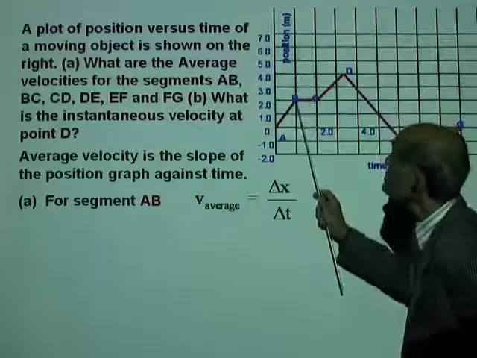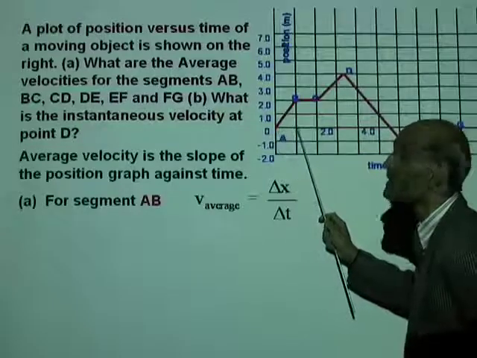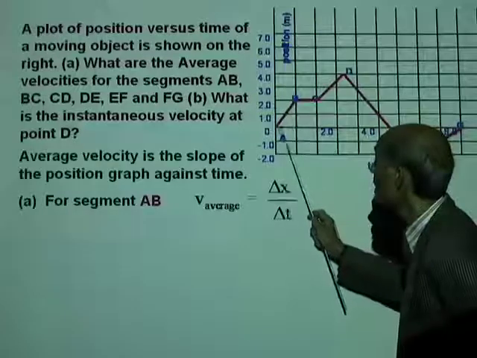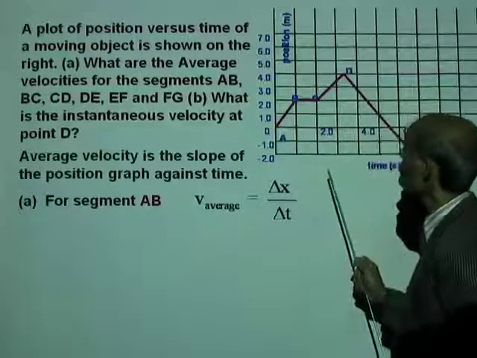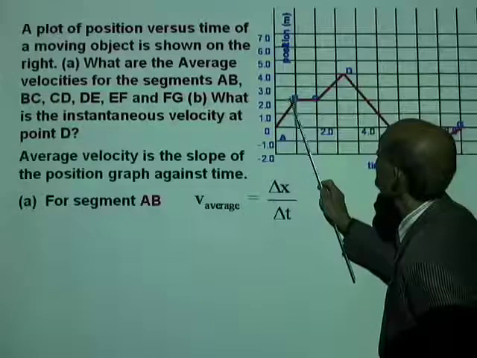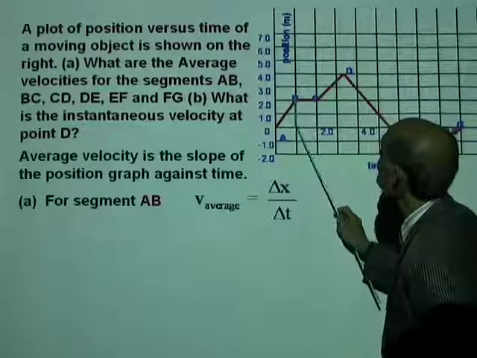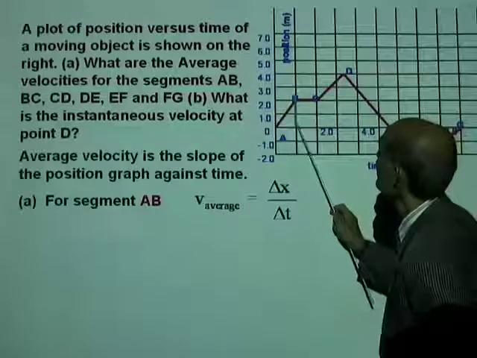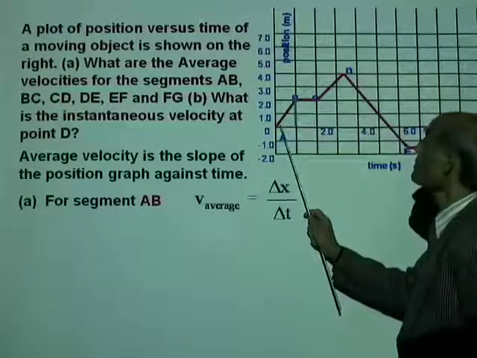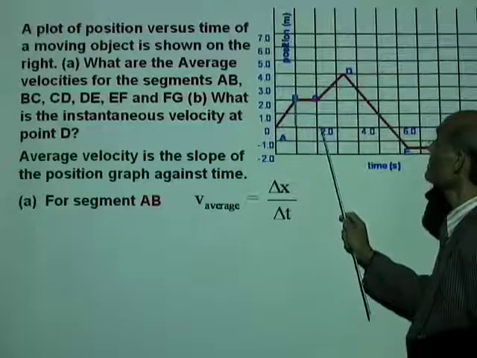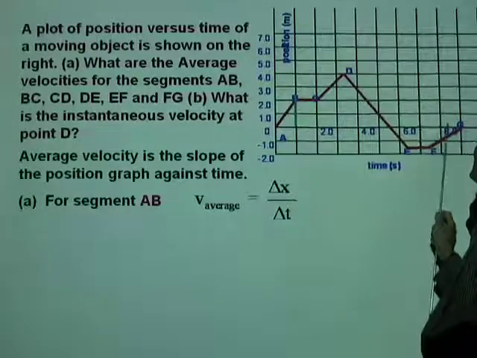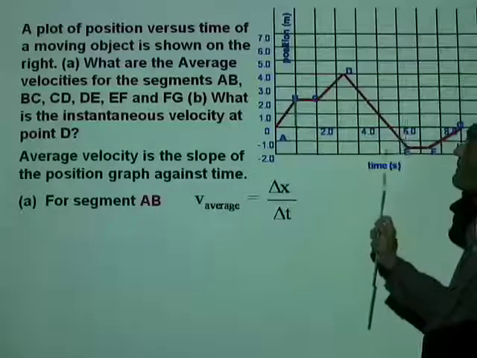AB will be delta x divided by delta t. You notice that delta x is the vertical line, delta t is the horizontal line. What is that delta x? Delta x is 2 minus 0, that is 2, and delta t is 1. If you notice, this is 0, 1, 2, 3, 4, 5, 6, 7, 8, 9, 10.